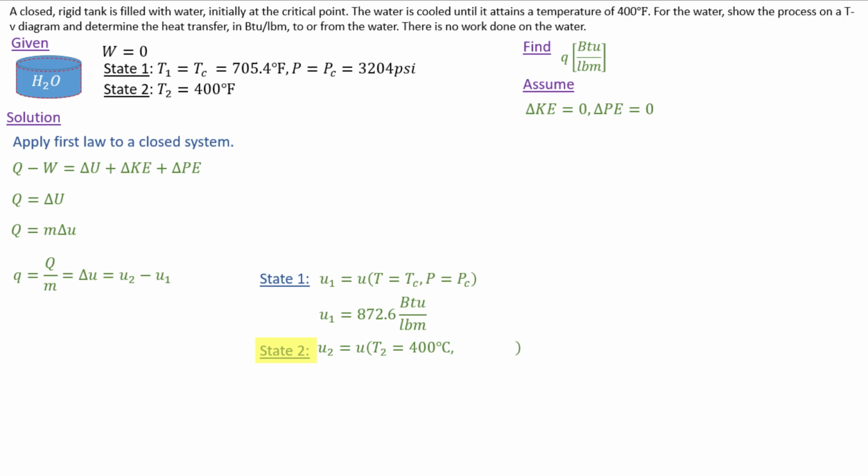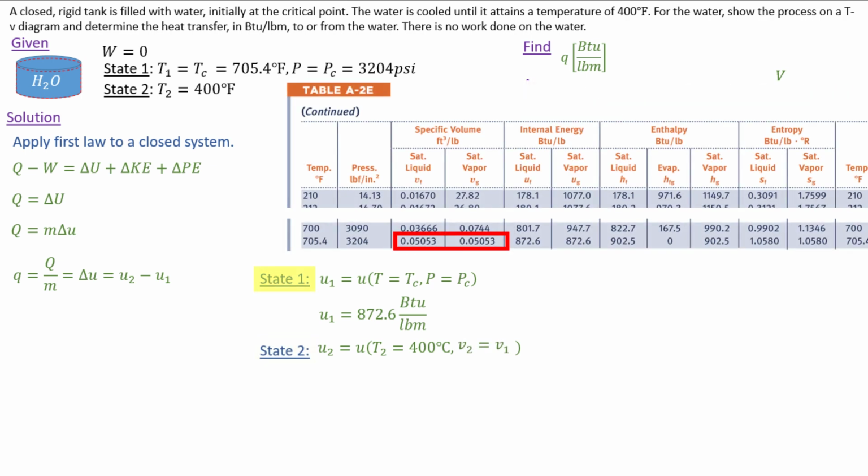And it looks like since I've got a closed rigid tank, I can say that the volume is constant, and I've got a closed system, the mass is constant, and therefore my specific volume is constant as well. So with that in mind, I need to go back up to state 1 and figure out what that specific volume is. And you can see at the critical pressure, it's unique in that the V sub F and the V sub G values are equal to one another, and I just need to pull that off the table.